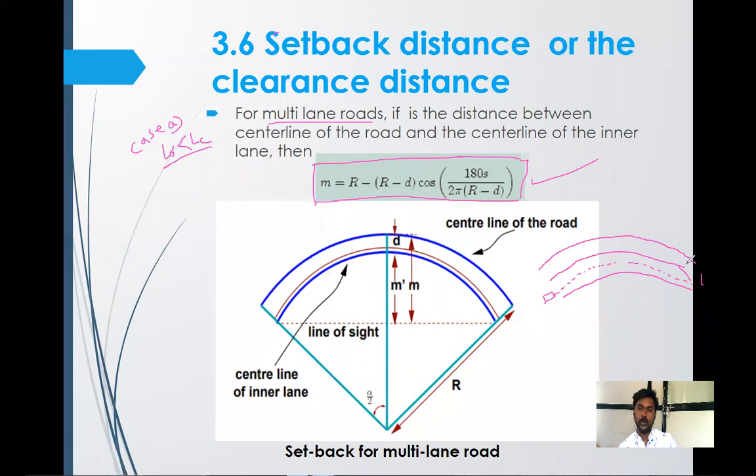Setback distance M is equal to R minus (R minus small d).